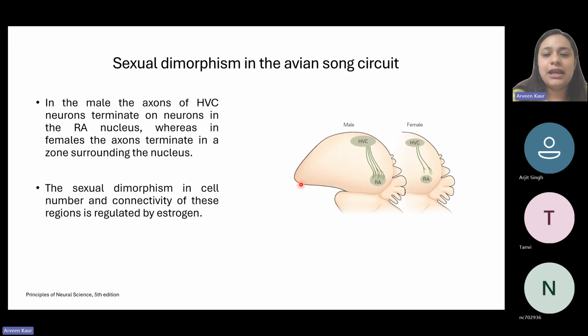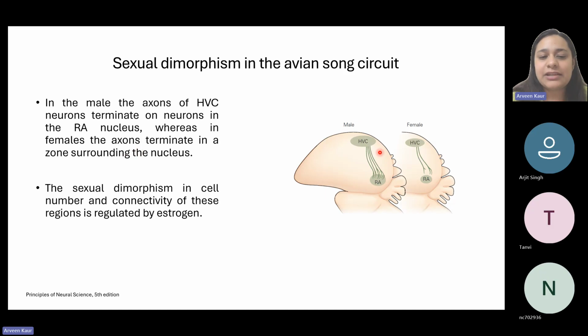Over here, you can see that in the male, the axons of the HVC neurons, which is a neuron that is originating over here, terminate on the neurons in the RA nucleus. So this is another set of neurons, and the axons of HVC are actually terminating in the nucleus of this RA, right?